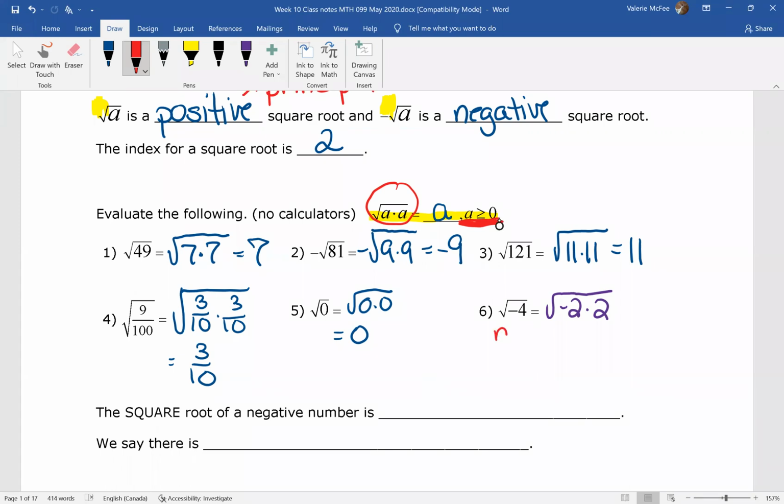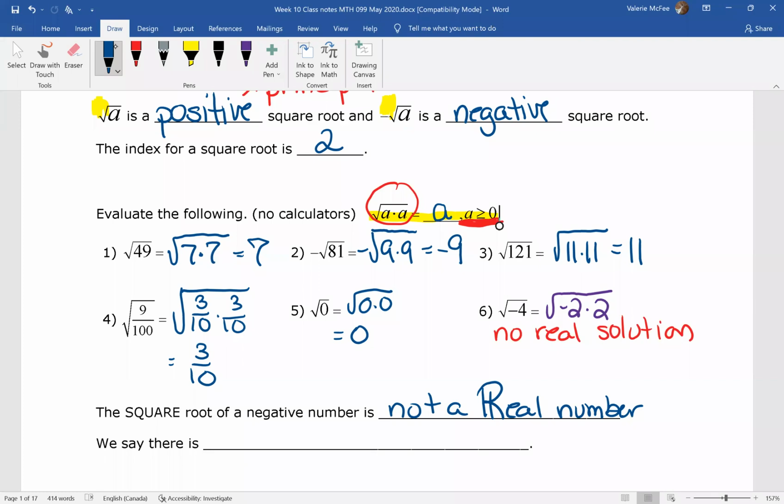This has no real solution. It does have an imaginary solution, but lucky for you, we're not going to worry about those. We say that the square root of a negative number is not a real number. We say there is no real solution.